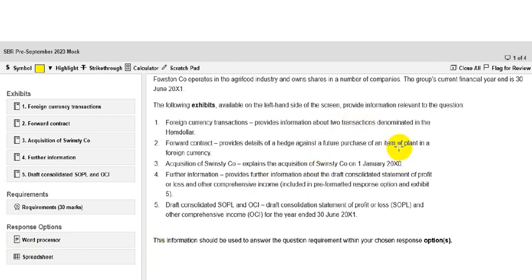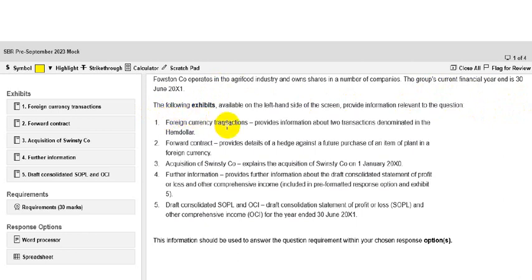On the right side you have the introductory. So let's quickly read the introduction. Firstone operates in the agri-food industry and owns shares in a number of companies. The group's current financial year end is 30 June 2021.